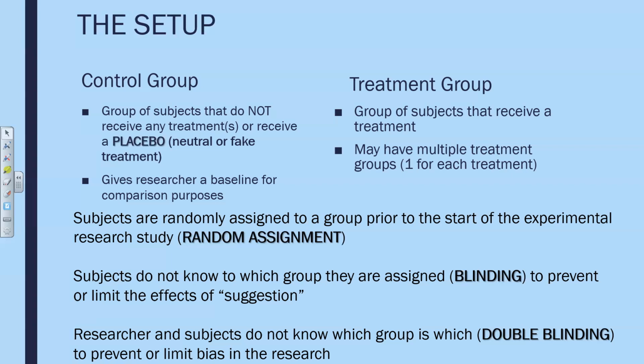Sometimes it's important that the participants know which group they're in, and sometimes it's important that they don't. Because if you know you're in the group that's getting that new medicine, you might behave differently than if you knew you weren't getting it. So oftentimes in a research study, we use a process called blinding. Blind means you can't see.